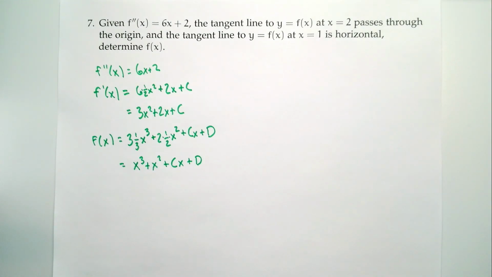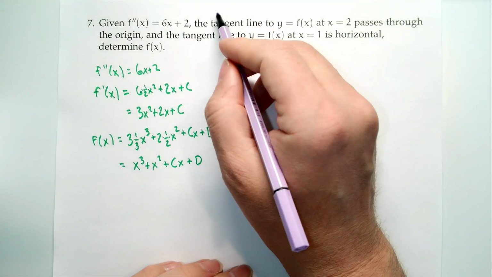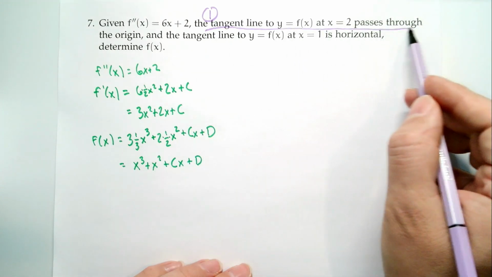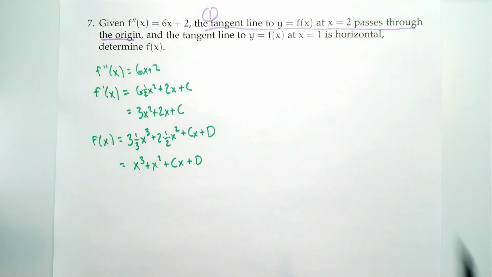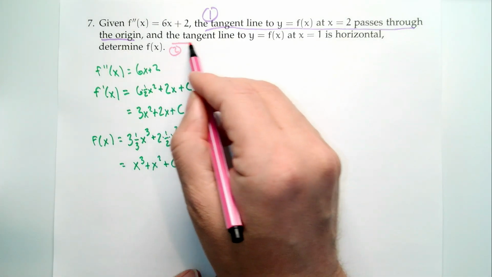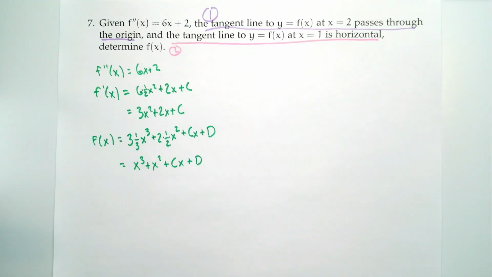So we're not done, because we don't know what the function is, because c and d aren't yet determined. And of course, if you change c and d, you do change your function. So what do we need? Well, two constants, so we need two pieces of information. Here's one piece: the tangent line to y equals f of x at x equals 2 passes through the origin. And the other piece of information is that the tangent line is horizontal.